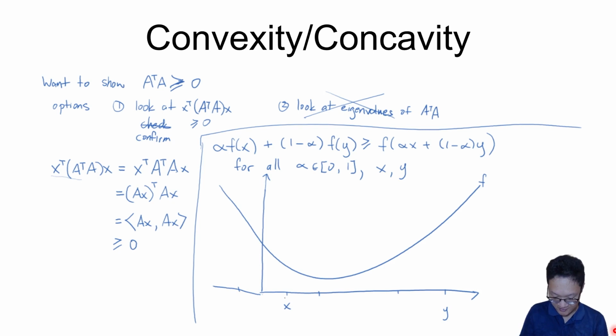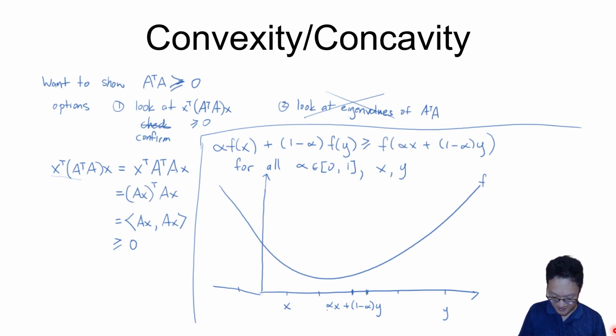We're going to go a bit slowly. x is here on the left, y is here on the right. When we take alpha x plus 1 minus alpha y, that will be some point in the middle here. For example, when alpha is 1/2, we would have 1/2 x plus 1/2 y. That would actually be the exact middle.